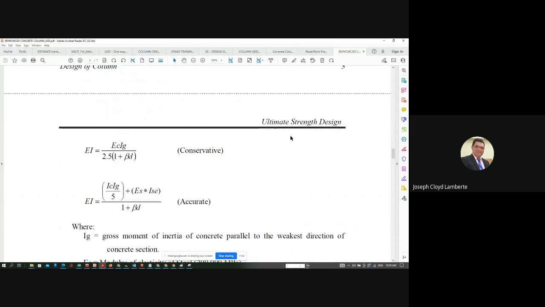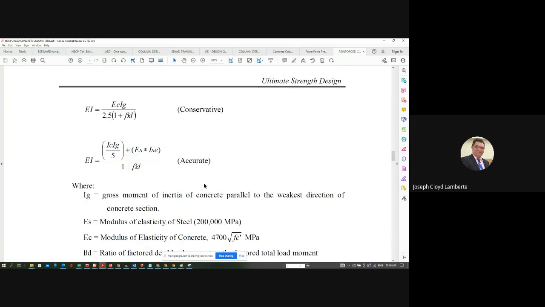Okay, so while EI is equal to the modulus of elasticity of the concrete times the moment of inertia of the gross section over 2.5 times (1 plus beta d). That is conservative. For accurate is mosad ni, no?